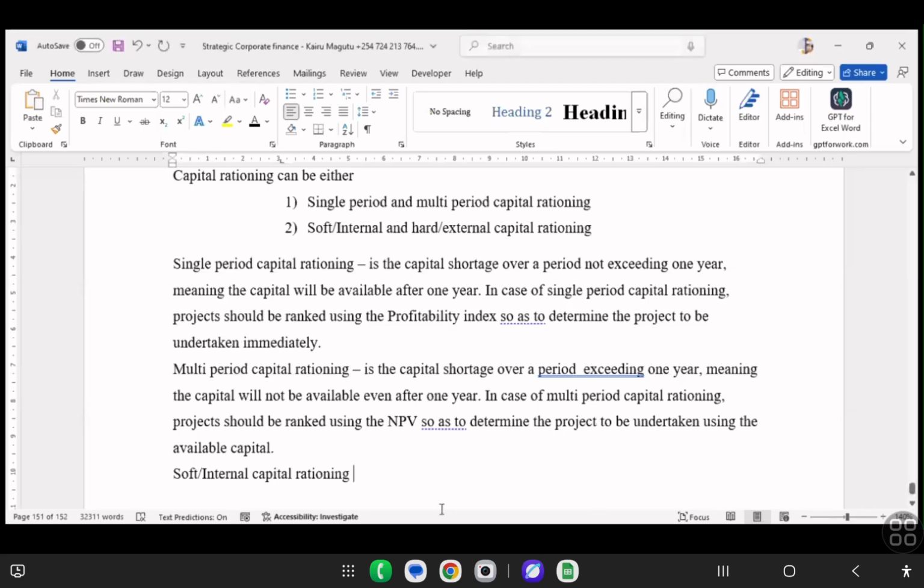So let me explain what we call the soft or internal capital rationing.